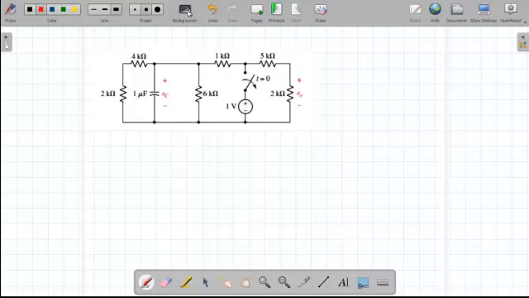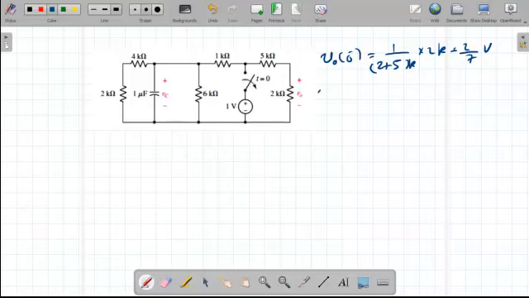VO at 0 minus is 1 over 5 plus 2k times 2k, so it is equal to 2 over 7 volt.